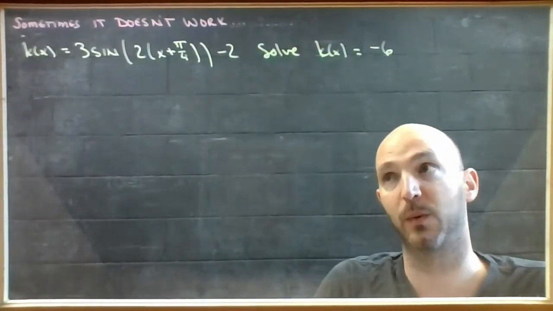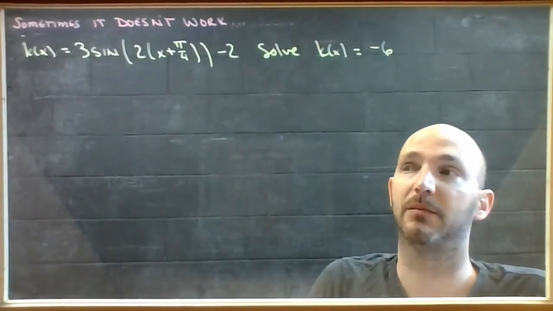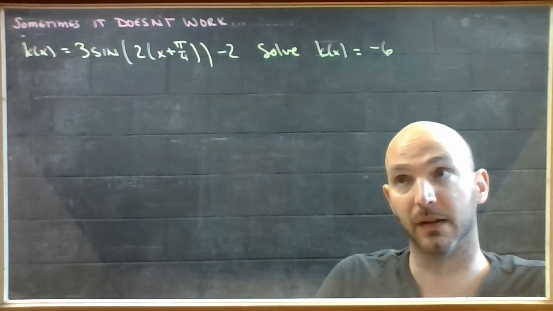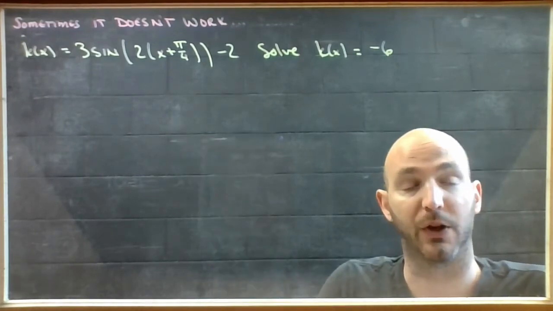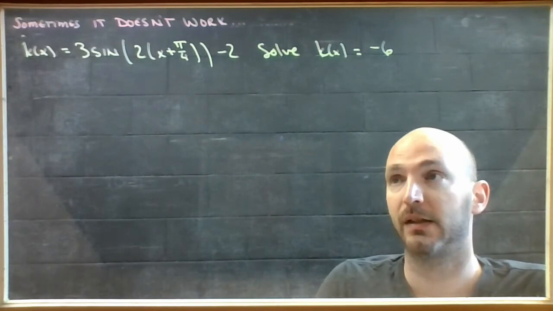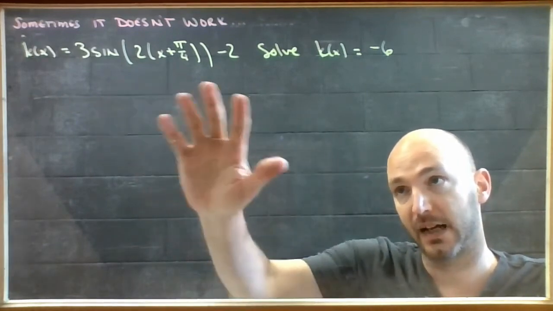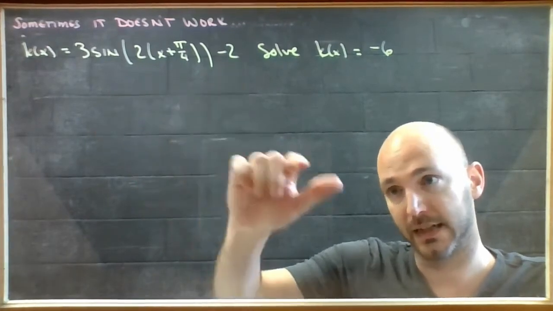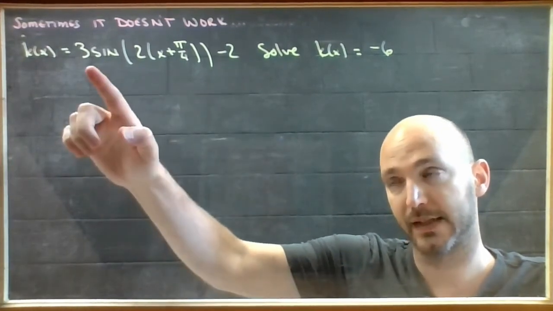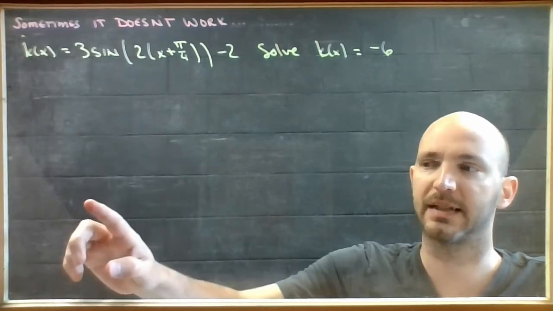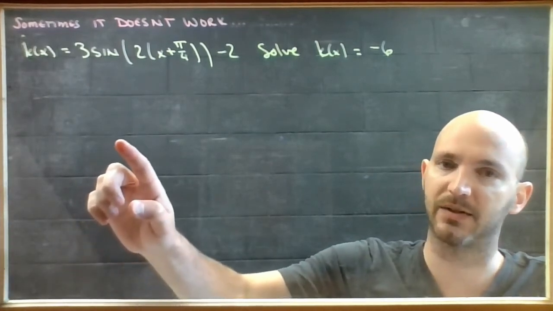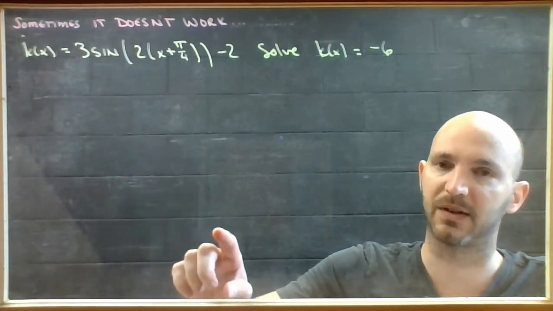So the last example we're going to do is a trig function. I'm going to do a sine one, but the same algebra problem will occur for a cosine. If you can see this one in your head, this sine function has a midline at -2, and it has an amplitude of 3, which means it is at most 3 squares above -2 and 3 squares below.